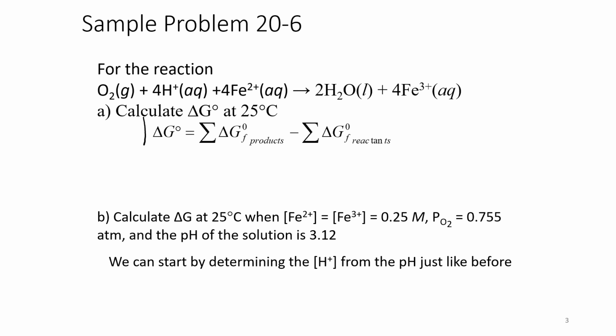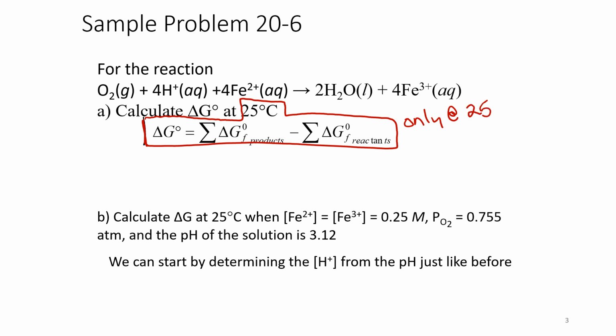Notice that because our delta G is at 25 degrees Celsius, I can use products minus reactants, only at 25 degrees Celsius. If it was at any other temperature, delta G is equal to delta H minus T delta S. But at 25, we can do products minus reactants.